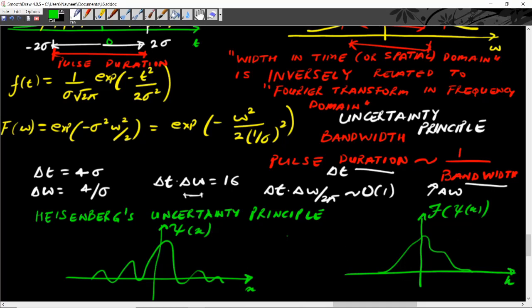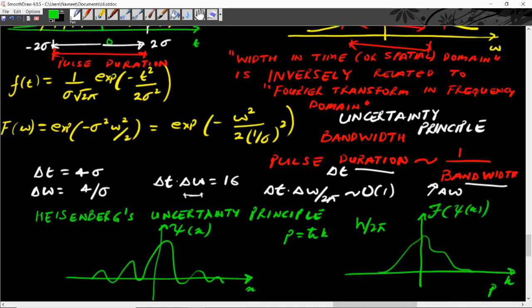Then the point to note is that the momentum is related to the wave number by the Planck's constant divided by a factor of 2 pi. So in fact I can say that this representation or the Fourier transform is in the momentum domain. So a waveform that can be represented in a spatial domain like this can alternatively be represented in the momentum domain or the wave number domain.